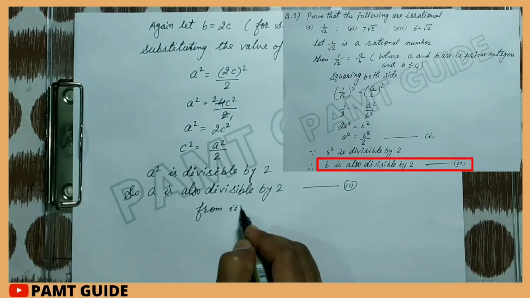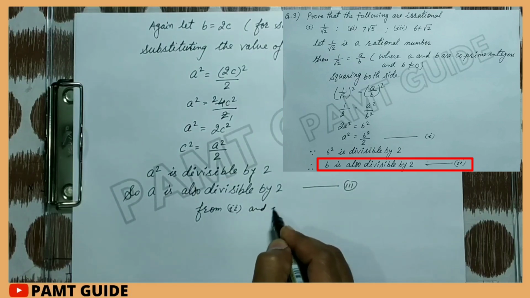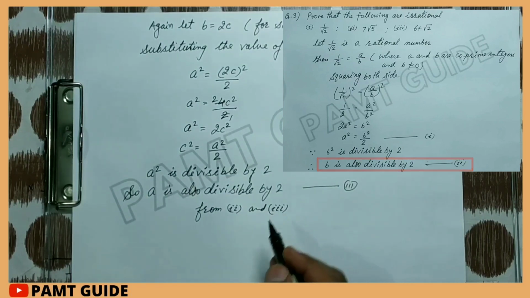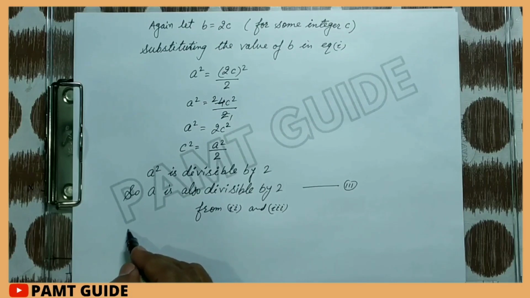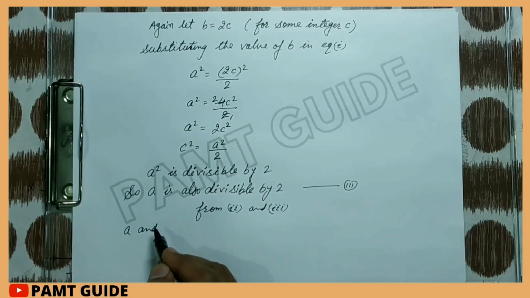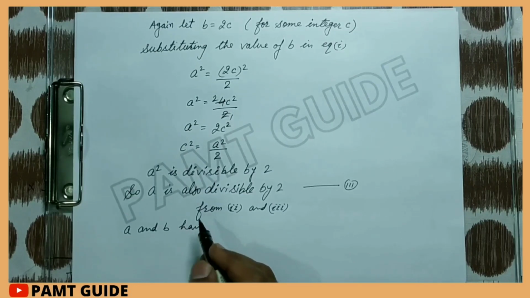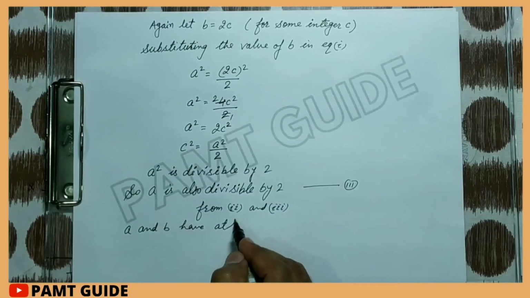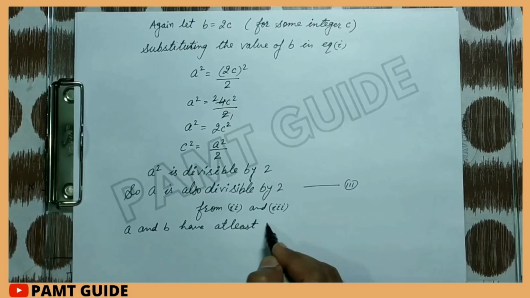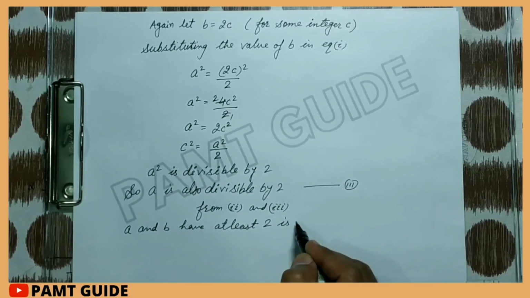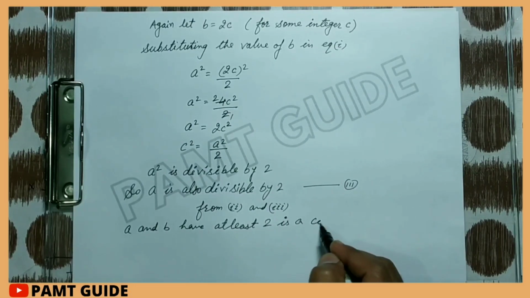From second and third, a and b have at least 2 as a common factor.